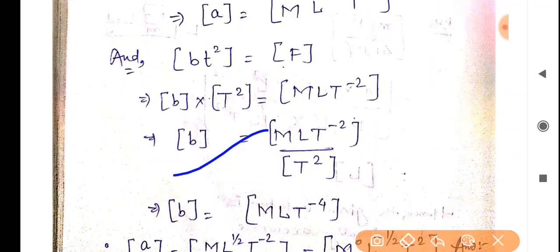This will give you M L to the power half T to the power minus 2. And B T square is also force, T is time, so the dimension of B into T square equals the dimension of force MLT to the power minus 2. Hence the dimension of B is found to be MLT to the power minus 4 on solving.